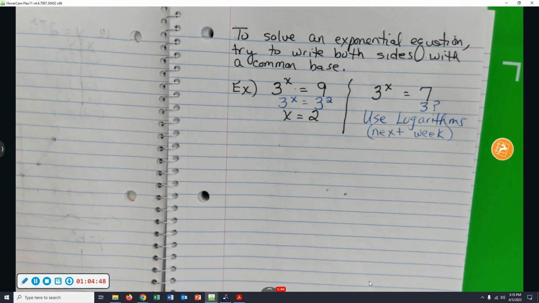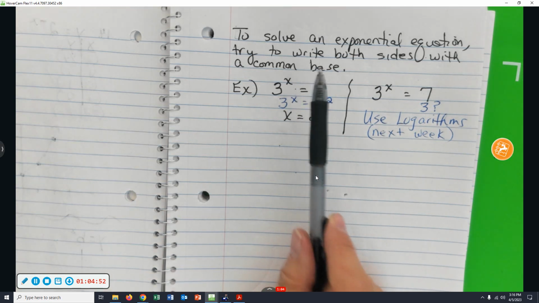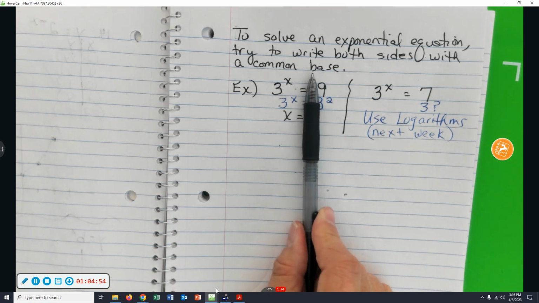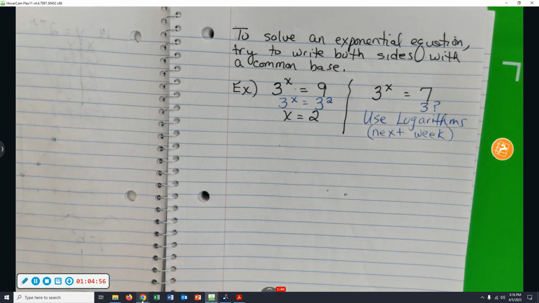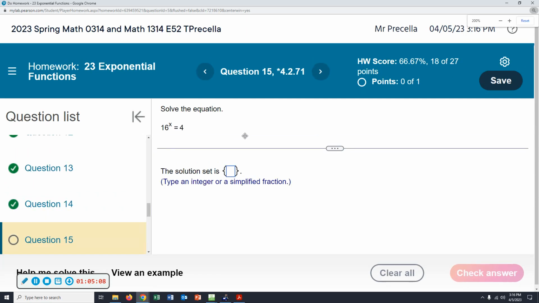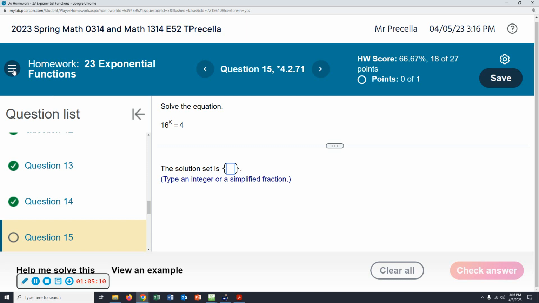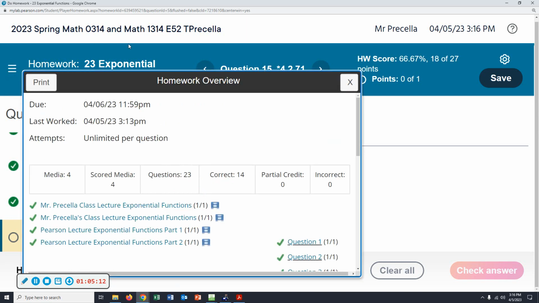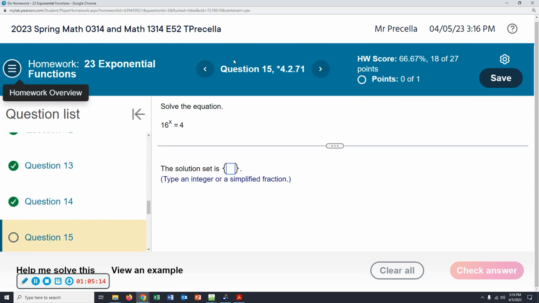Okay? For today's assignment, we'll be able to get that common base. Okay, let's do problem number 15. 16 to the x equals 4.